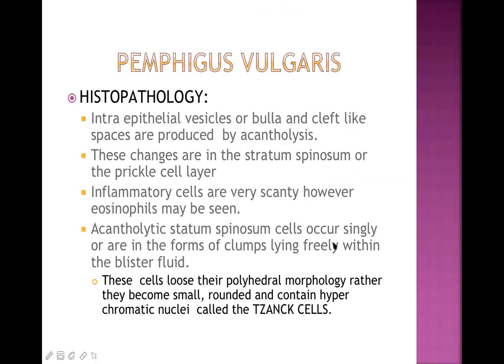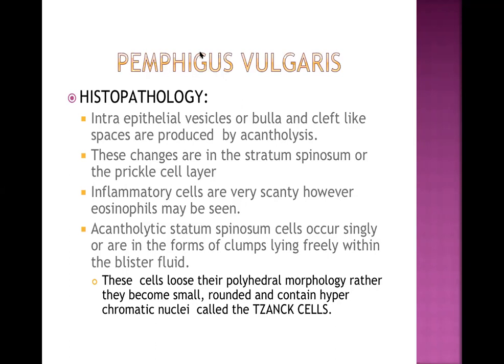Now see here. Regarding the histopathology of Pemphigus vulgaris, if we take a biopsy from there and study it under the microscope, what are we going to see? There is formation of intraepithelial vesicle or bulla because of the acantholytic mechanism.